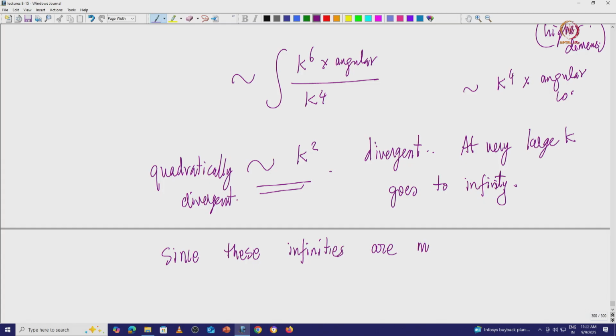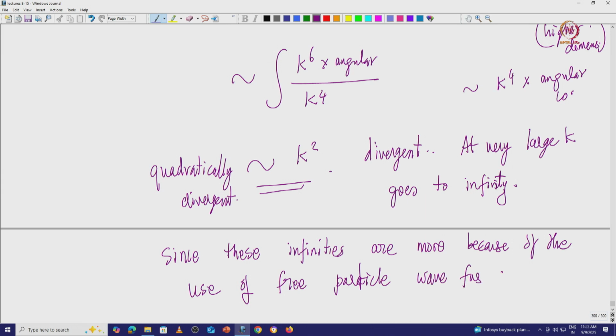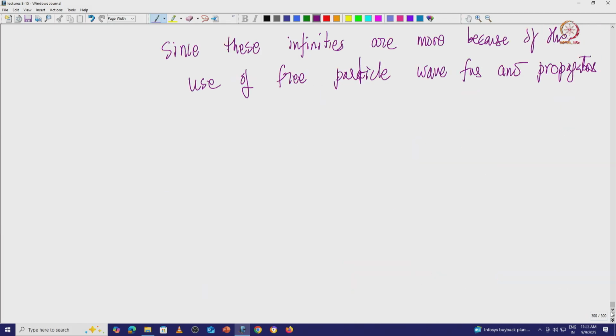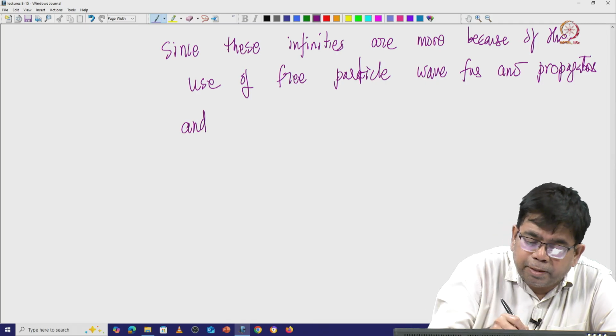The infinities arise because of the use of free particle wave functions and propagators, and free particle wave functions and propagation in perturbation theory.